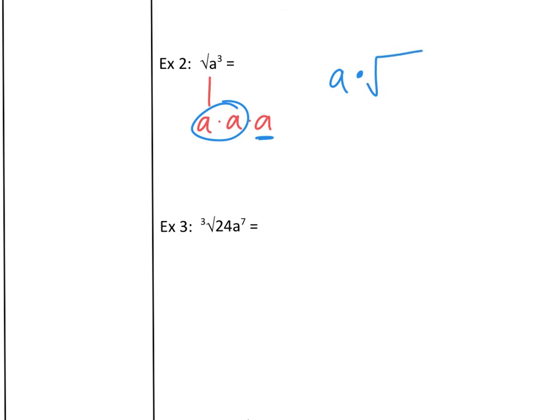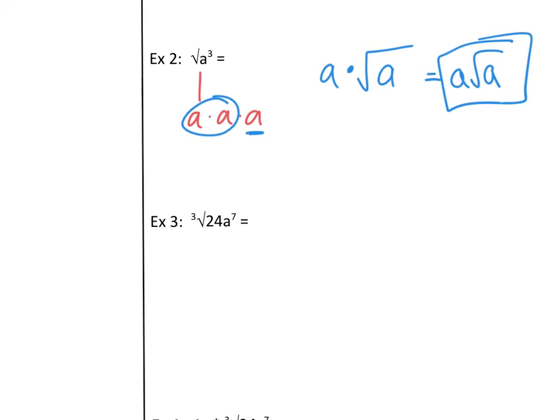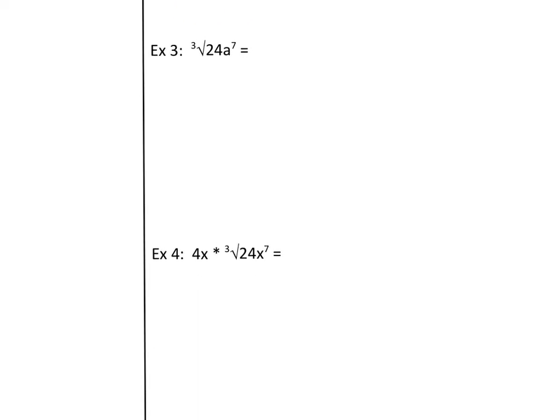So we're leaving it under the square root. And the more proper way to write this is just to get rid of that multiplication symbol. We just write them next to each other. So a square root of a. Questions on that one? Okay.